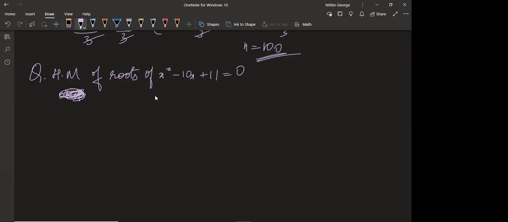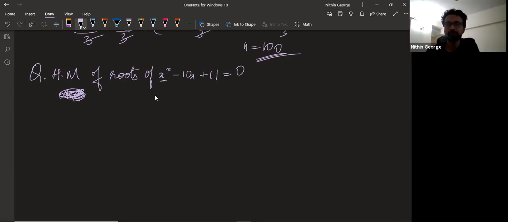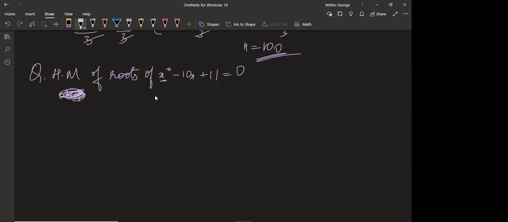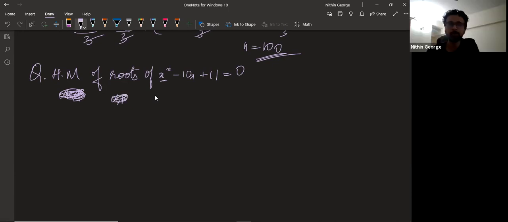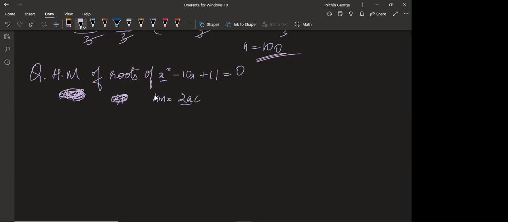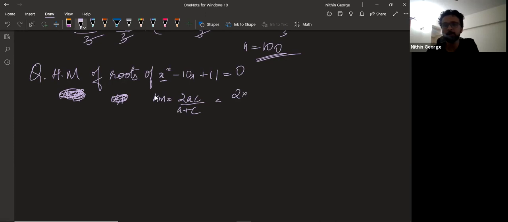So we should find the value of x first and then apply the formula. You don't need to find the value of x. You have to find 1 by alpha and 1 by beta. If you remember that the harmonic mean of two terms is 2AC by A plus C, what do you do here? 2 into product of the roots divided by sum of the roots.